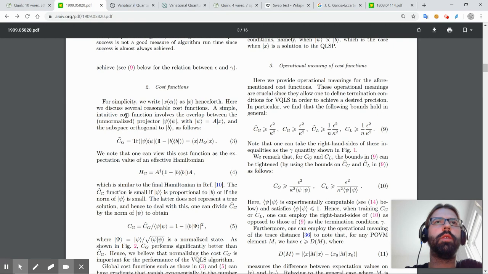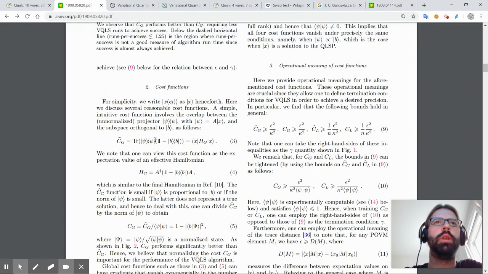A simple intuitive cost function involves the overlap between the normalized projector and the subspace orthogonal to B. Why the subspace orthogonal to B? This is confusing as well. I just say the overlap between the two things, right?